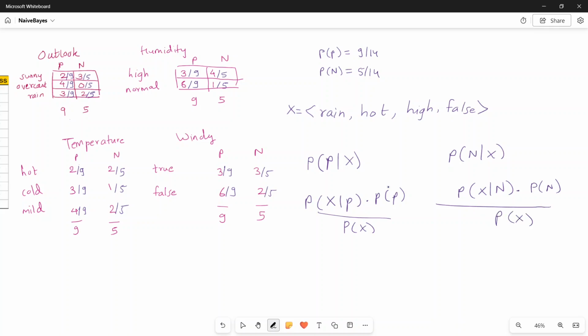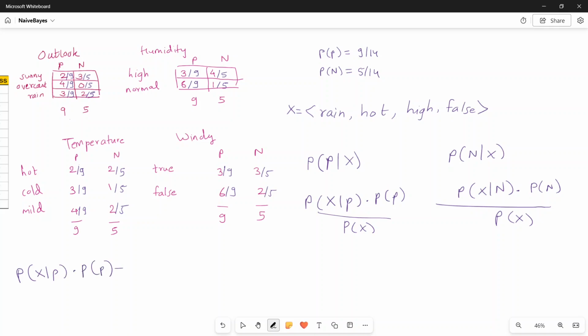But because the denominator in both places is probability of x, we need not actually compare it. So our comparison is between probability of x given p multiplied by p and probability of x given n into n.